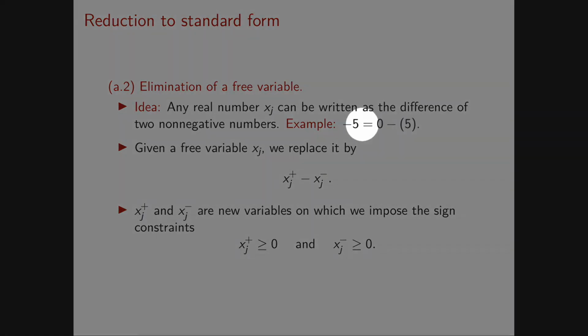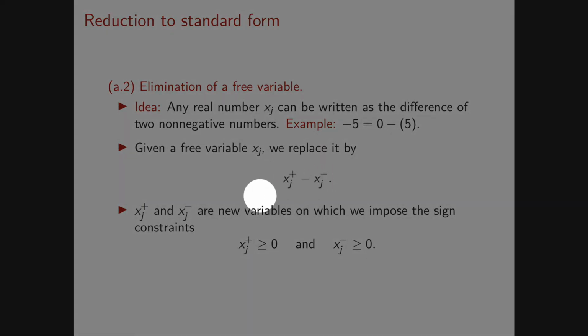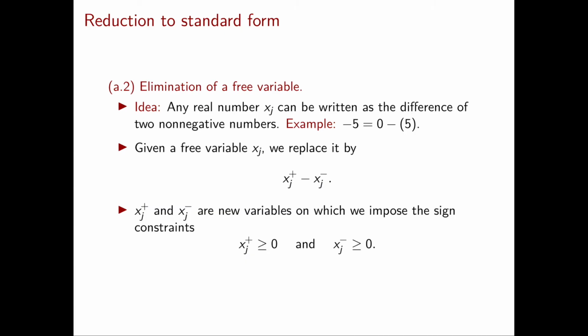Therefore, we represent every free variable xj as the difference of two non-negative variables, which we denote by xj plus and xj minus. So essentially, we want to replace xj with xj plus minus xj minus. And on these two new variables, we impose non-negativity. So xj plus is greater than or equal to 0, and xj minus greater than or equal to 0. In this way, we have fully dealt with the variables that were not supposed to be non-negative in our general form linear programming problem.